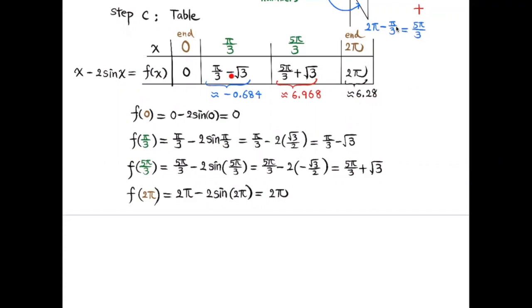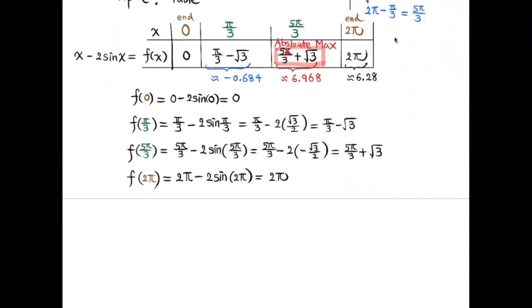So looking at all of this, the absolute maximum will be this number, 5 pi over 3 plus square root of 3. This number here is the smallest among all of these, so it is the absolute minimum.